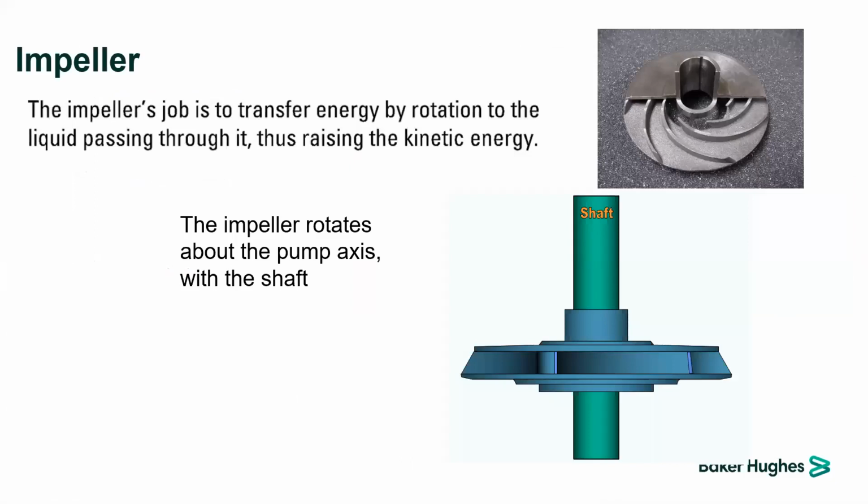Okay, in terms of the classification for each component, the impeller, as you can see, there is a cutaway of the impeller. The impeller is keyed to the shaft and rotates at the same motor RPM.